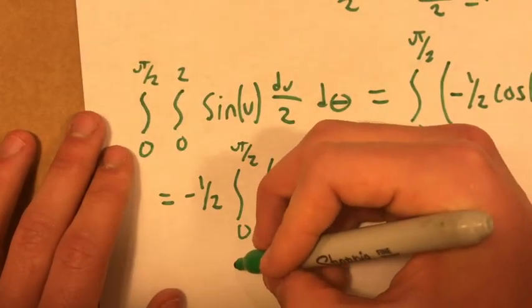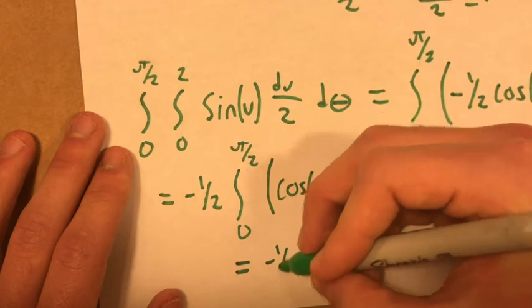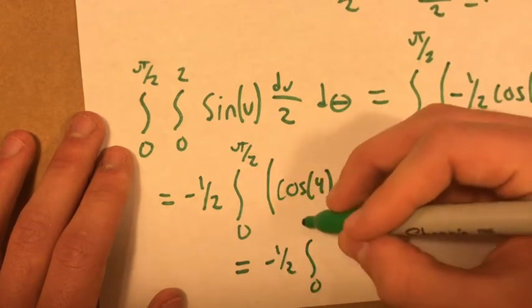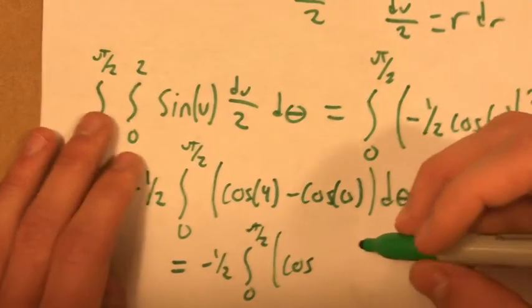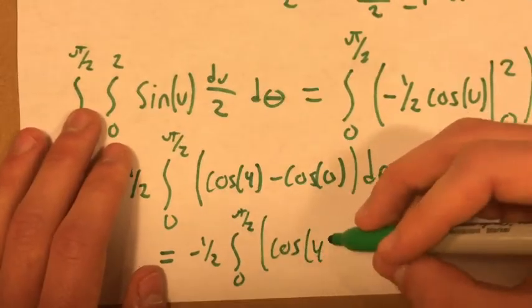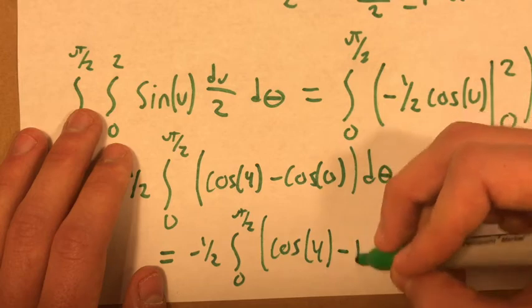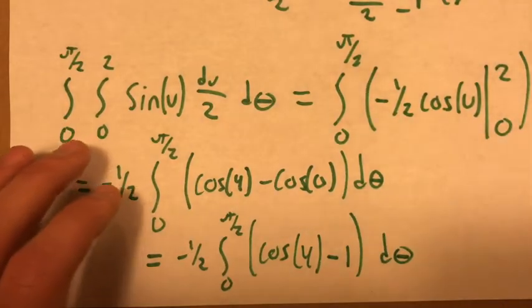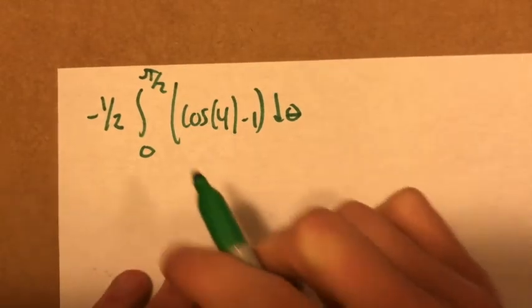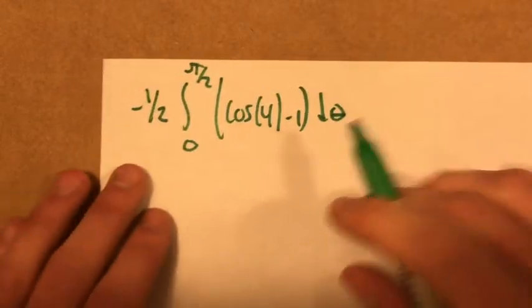Which is equal to 1/2, 0 to pi over 2, cosine of 4 minus 1 d theta. Okay, so now we're going to integrate over these bounds.